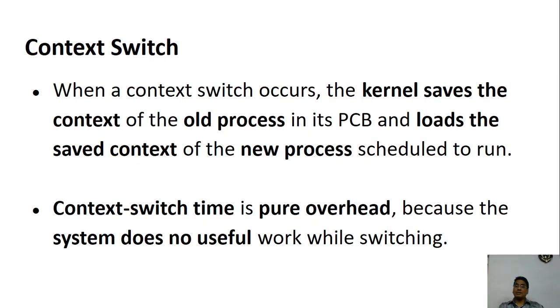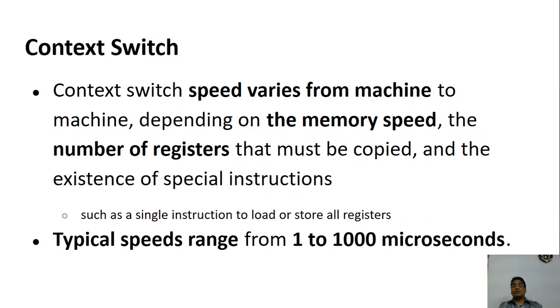So during the context switching, the state of the old process is saved, and the state of the new process is loaded. Now remember, this is again an overhead, because the CPU has to save everything, and something else has to be loaded, during which no other work is being done.